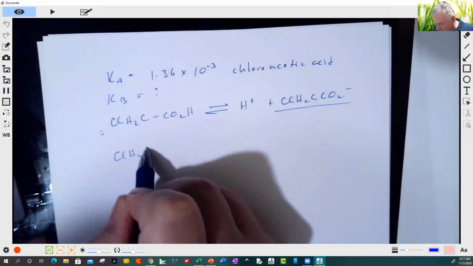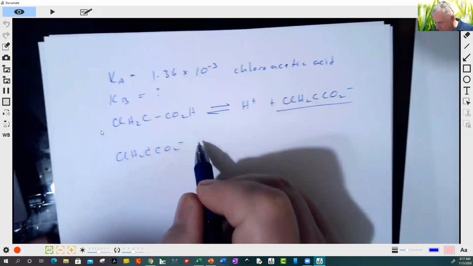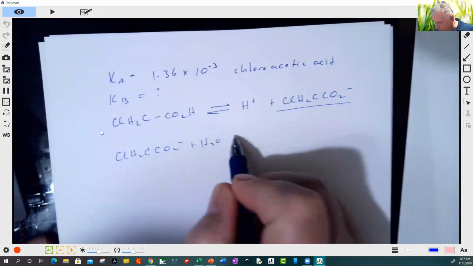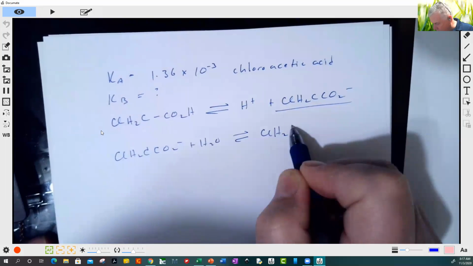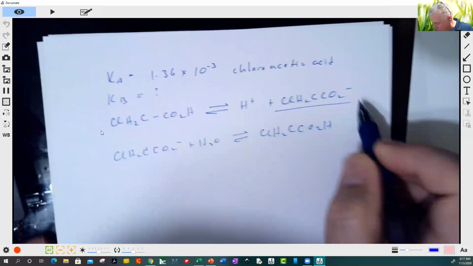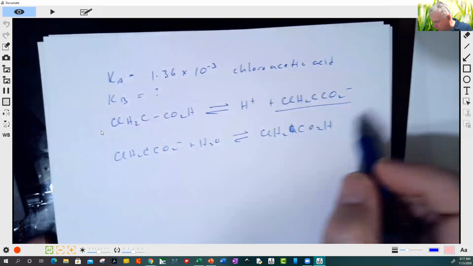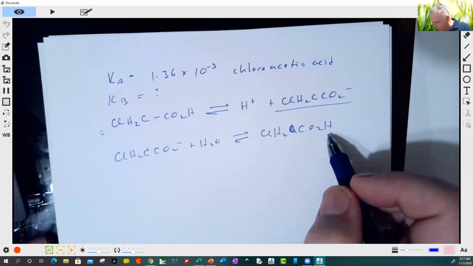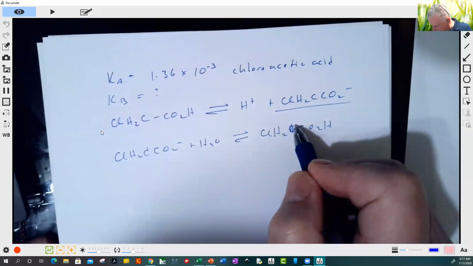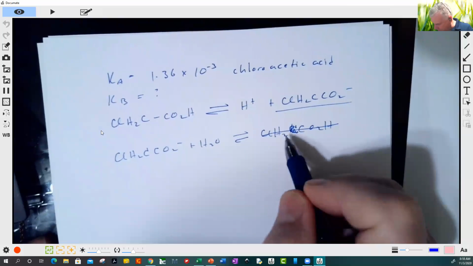ClH2C CO2 minus plus water makes ClH2C CO2H. Oops, extra C there. Oh wait, no, there's not an extra C there. There's just CC. So hold on.